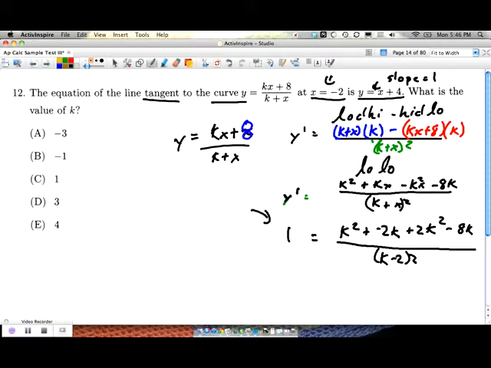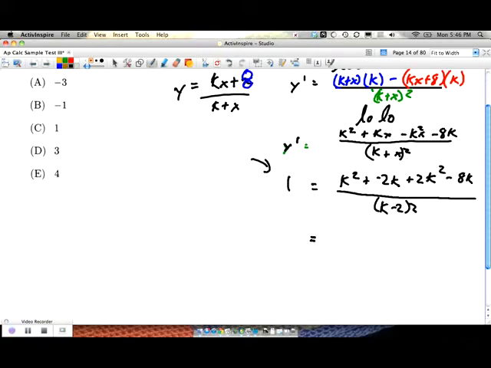Again, this is just a bunch of algebra. On the bottom, we'll have k squared minus 4k plus 4. And on top, we'll have 3k squared plus, or minus, I should say, minus 10k. That equals 1.